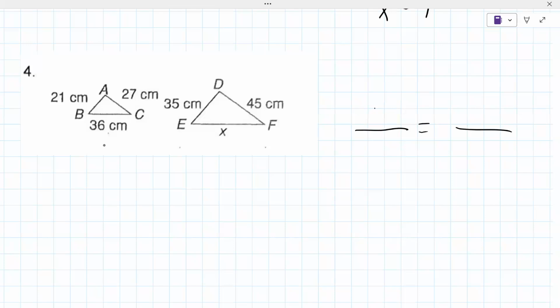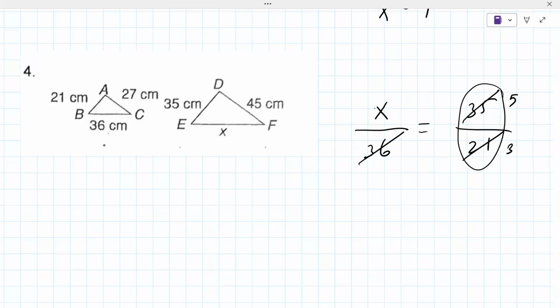X over 36 equals 35 over 21. Okay, that works. On the right here, these are both divisible by 7, and then 36 is divisible by 3. X equals 60.